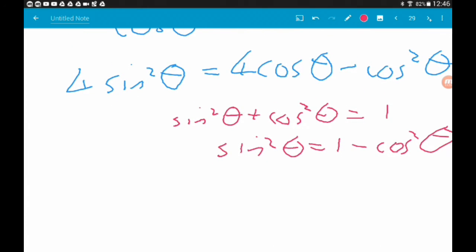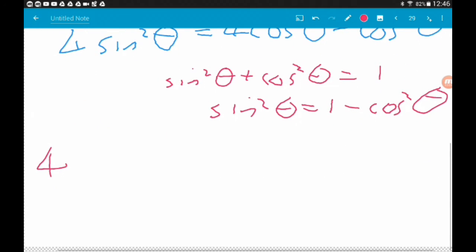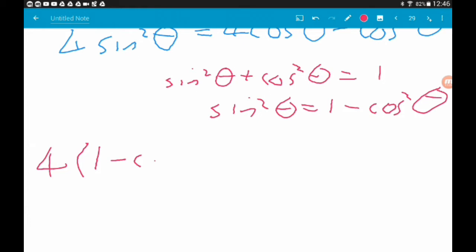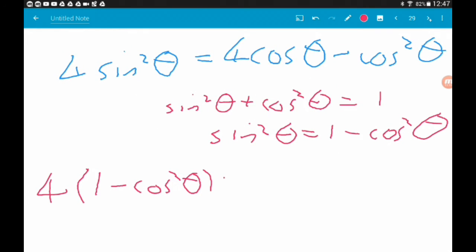So we've now got 4 lots of 1 minus cos squared theta on the left is equal to 4 cos theta minus cos squared of theta.